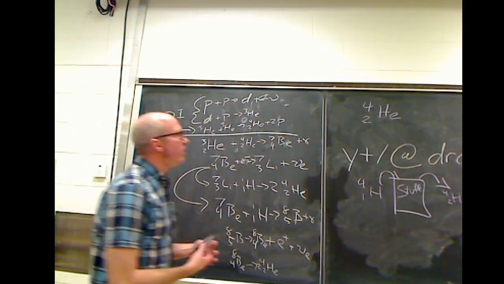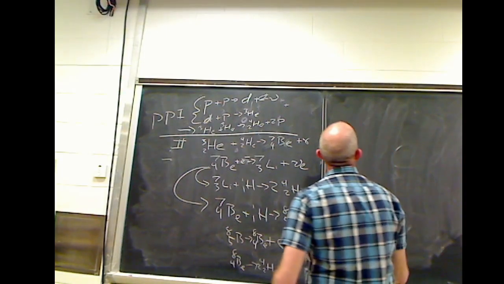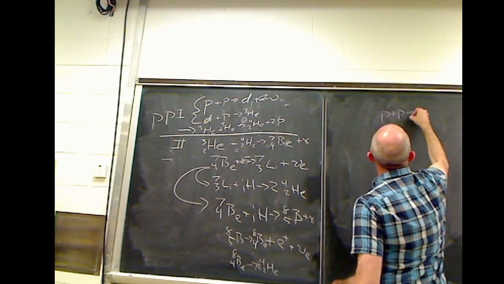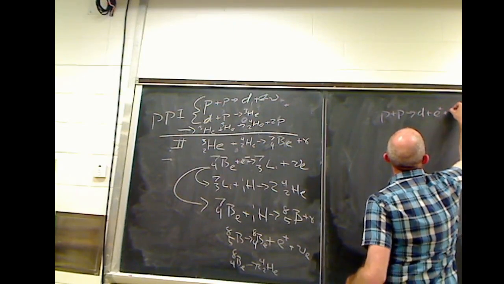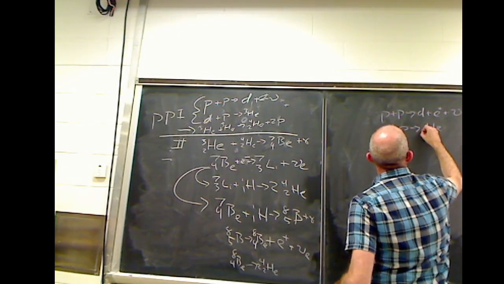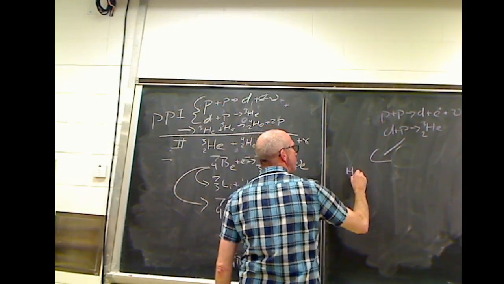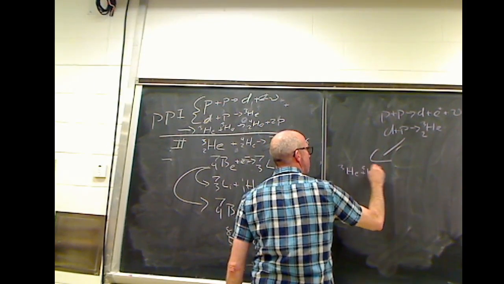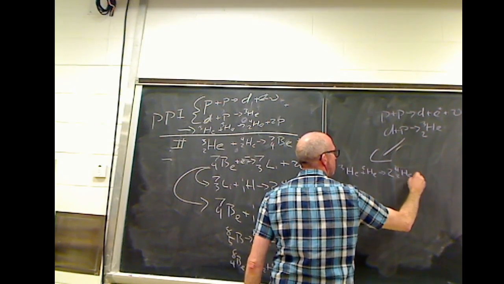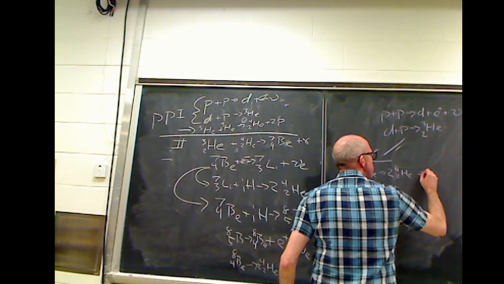And there's 3 ways for it to go. So you've got P plus P gives D plus E plus nu, and then D plus P gives a helium-3, and then you can take 2 helium-3s and get your 2 helium-4s plus 2 protons.